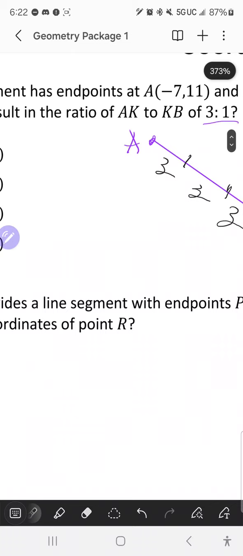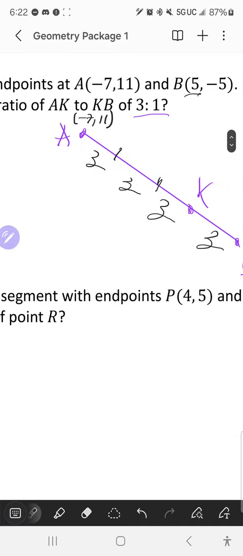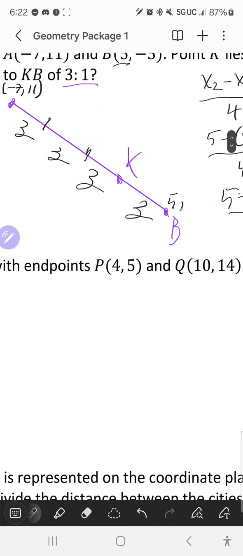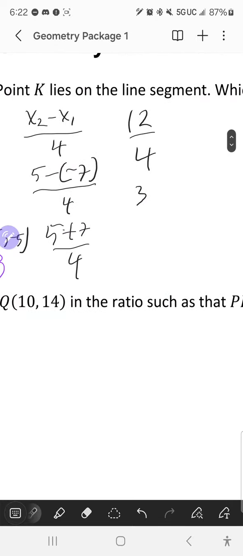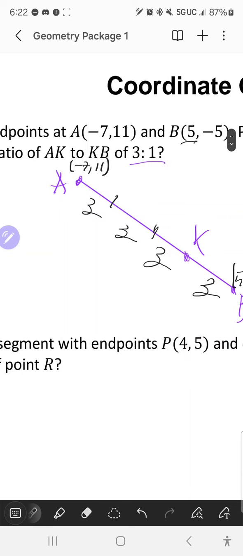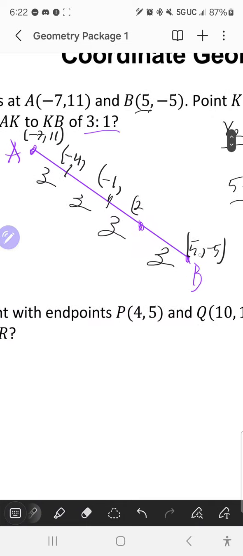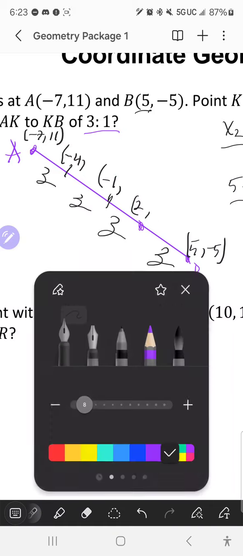So I didn't put the starting coordinate here. This is negative 7, 11, and this is 5, negative 5. So I know that the change is going to be positive 3 for the x. So this negative 7, this is going to be negative 4. This is going to be negative 1. This is going to be 2. And this is going to be 5. Negative 7 plus 3 is negative 4, plus 3 is negative 1, plus 3 is 2, and plus 3 is 5.